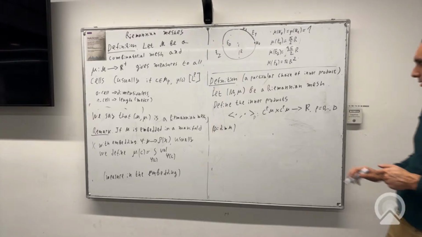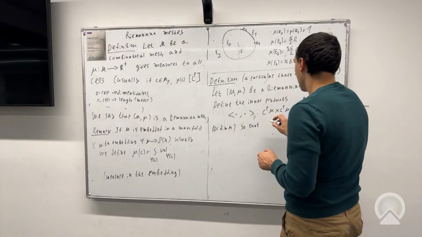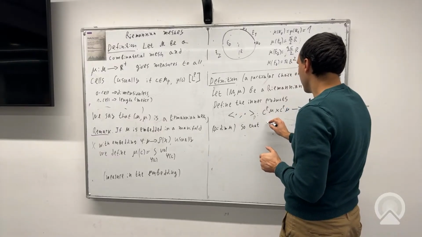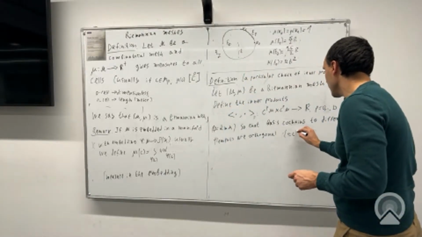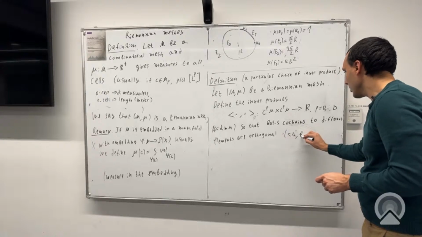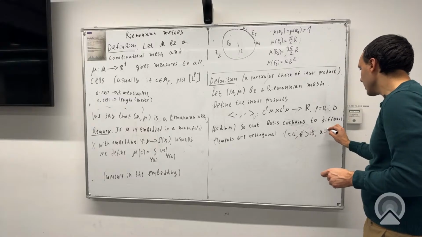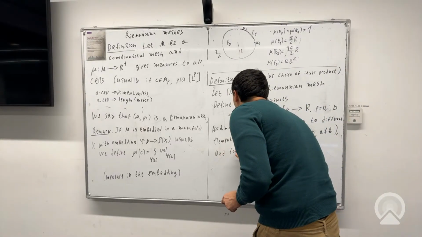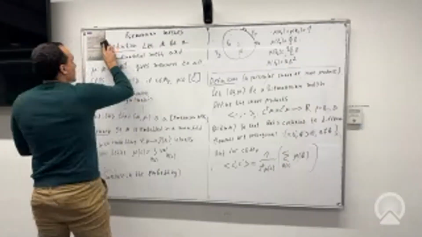So that basis cochains, and so that means that the bullet, the basis element, A bullet B is 0 when A doesn't equal B, and for C in a P cell is, now let's give examples.